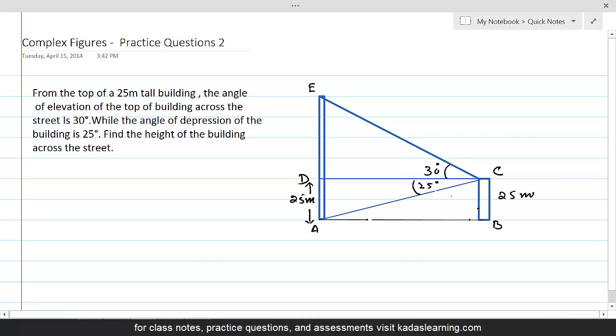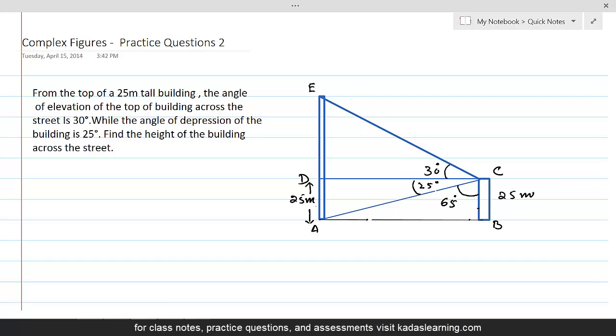If 25 degrees is the angle of depression, then this angle will be equal to 65 degrees, because the total angle made at point C in that corner of the rectangle is 90 degrees. So this angle must be 65 degrees.